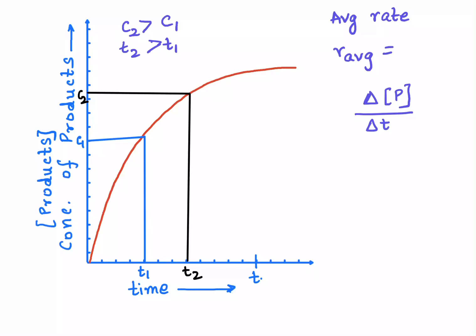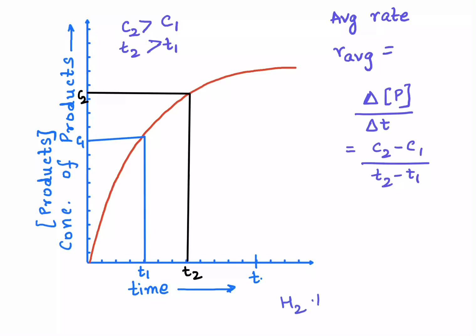So coming back to the average rate, again, it is the change in the concentration of products divided by the change in time. Now this is pretty simple, right? So we will have C2 minus C1 upon T2 minus T1. Simple. Do we need to put a negative sign? No. Also be careful again.